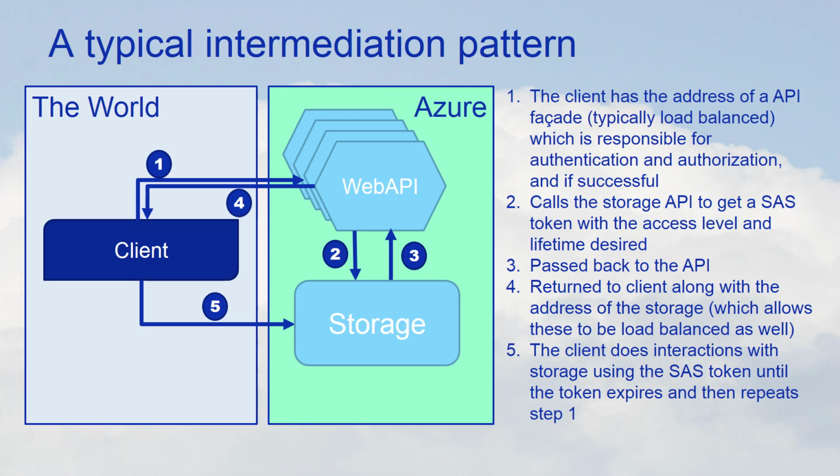If that conversation is successful, the web API will ask the storage engine to give it a shared access signature token, and then that's passed back to the client, and the client can then use that shared access signature token until the token expires or is revoked.